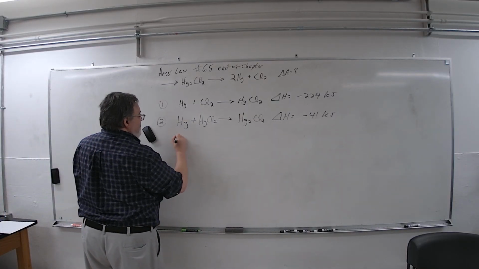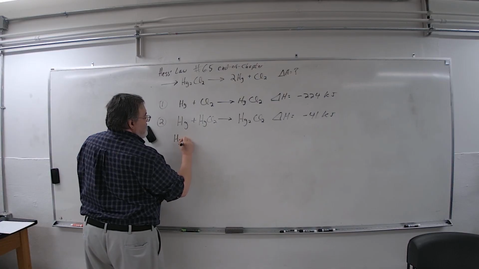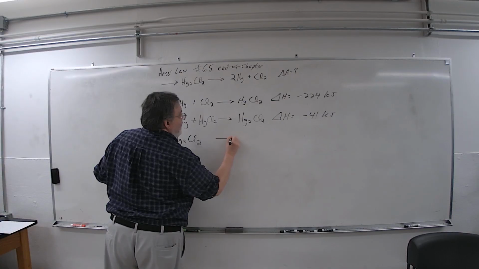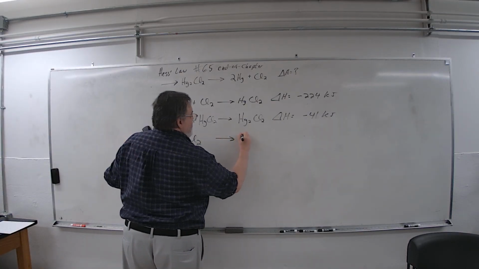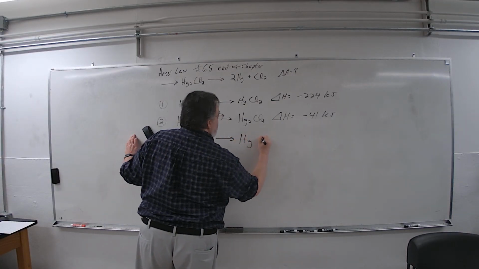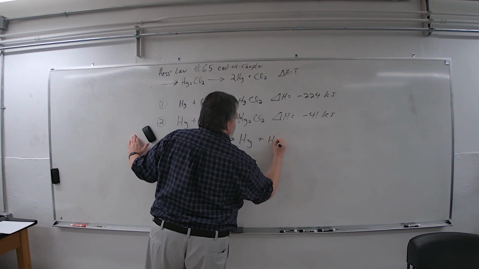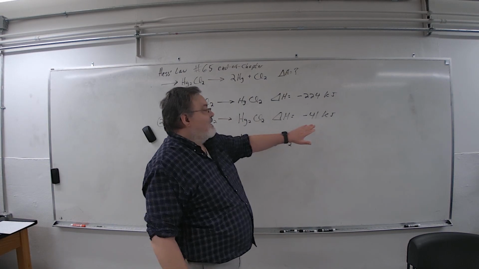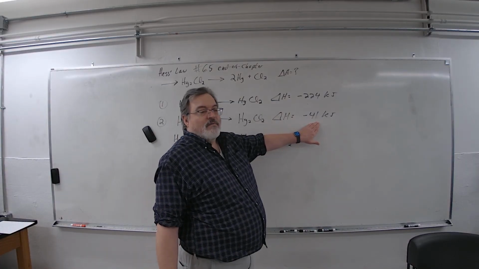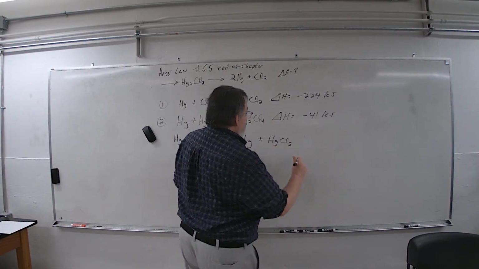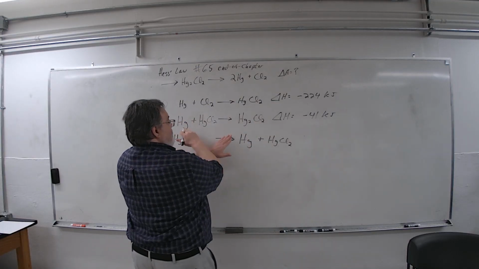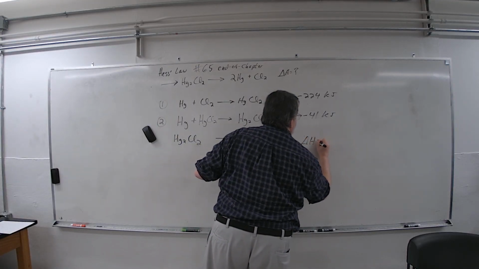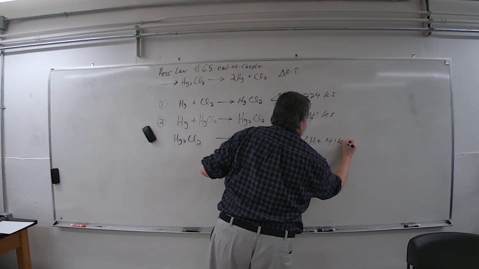So I have Hg2Cl2, and then I'll put these on the right side, Hg plus HgCl2. And when I do that, I multiply this by -1. I change the sign over here. So having flipped this one around, I'm now going to change this to delta H equals 41 kilojoules.